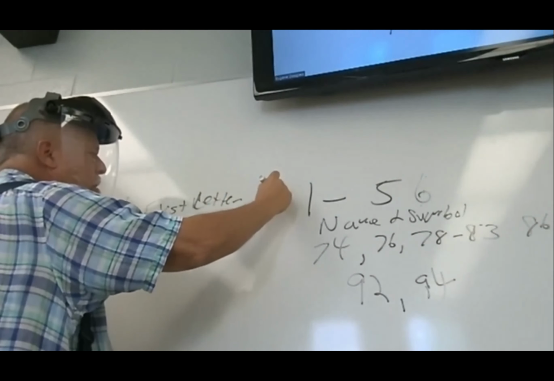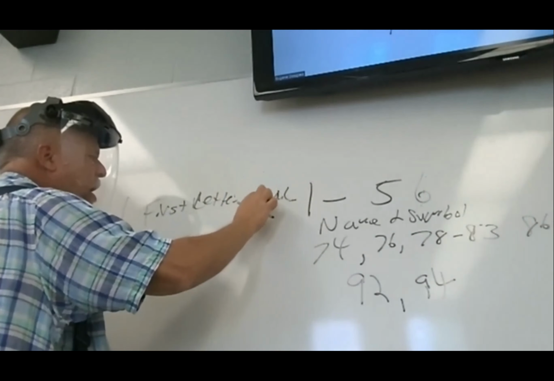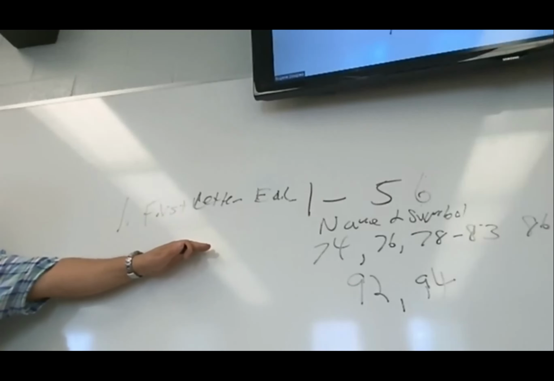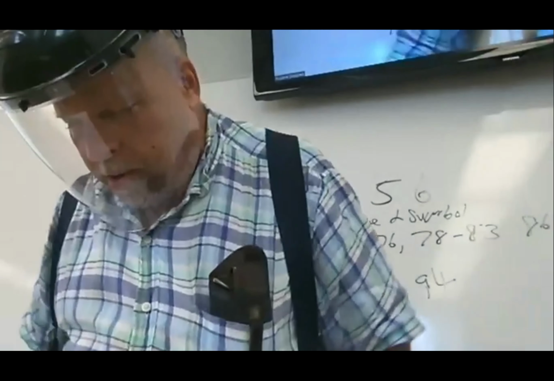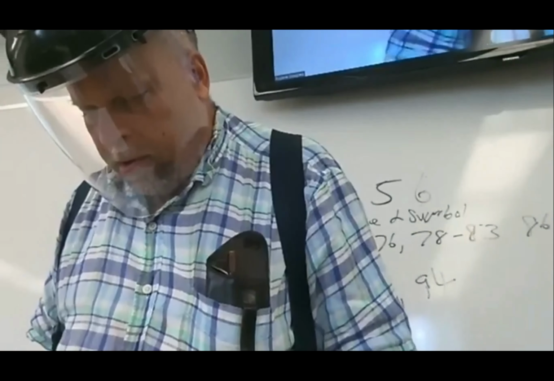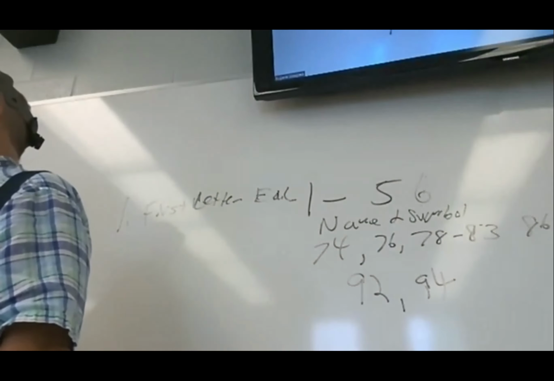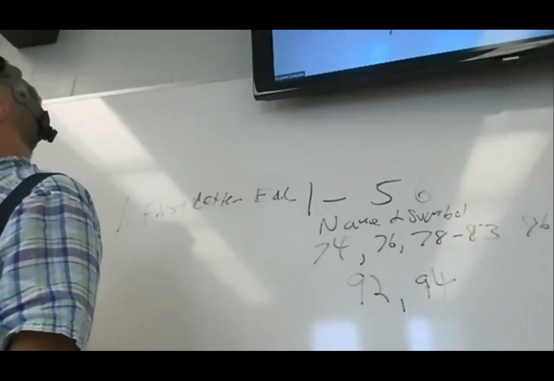I'm just using E or L, okay? So it's the first letter of the E or L. And if you look at these on the periodic table, what is U? Uranium, and it follows the rule.